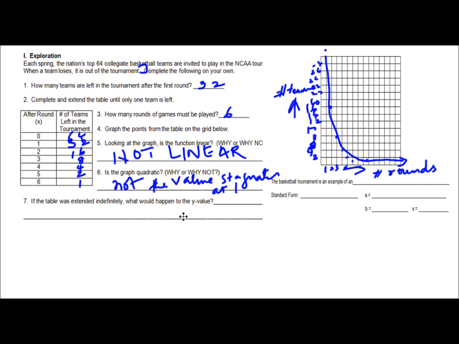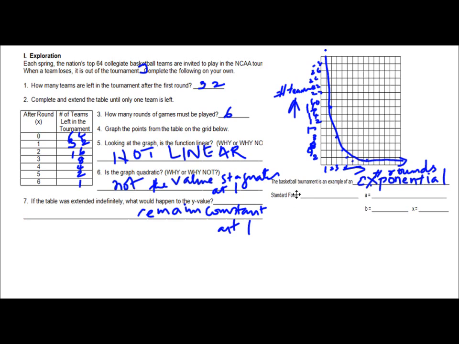If the table was extended indefinitely, what would happen to the y value? The y value will remain constant at 1. So the basketball tournament is an example of an exponential function. This is a classic example of an exponential function.